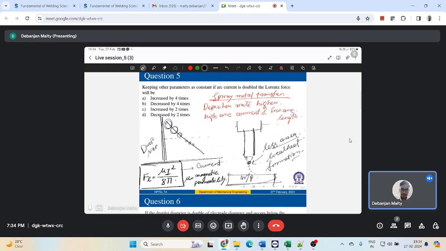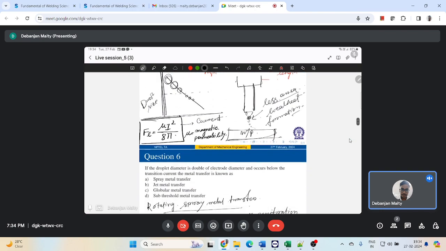So we say that keeping other parameters constant, I keep magnetic permeability constant, I'm just changing the current. What will be my effect on Lorentz force? If my arc current is doubled, Lorentz force will increase by 4 times. So it will be 2 square, right? So 5a is true.